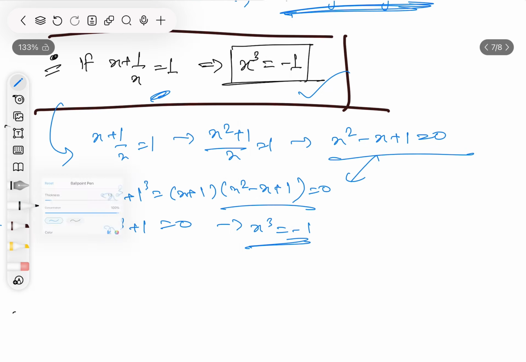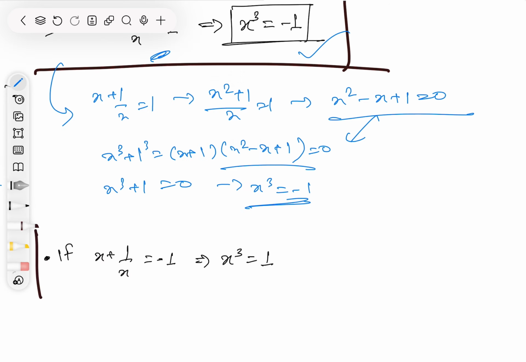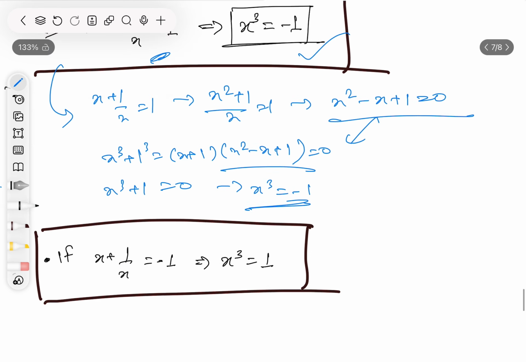Similarly, there is one more relation, that if x plus 1 by x, instead of giving it 1, if it is given as minus 1, then x cube can be written as 1. So this is also one thing that you can remember. Now again, you can try the same thing.